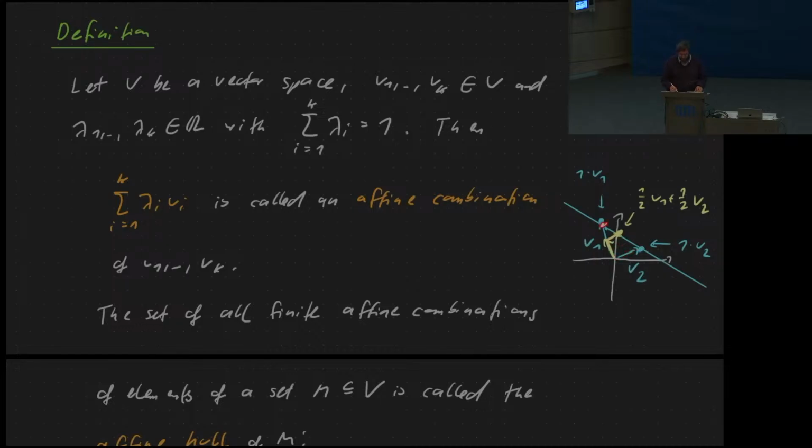So between this point and that point, I decrease the amount of v1, I increase the amount of v2, I'm on that connection somewhere. And now if I decrease v1 further, what happens is I go into the negatives. And as the sum of those 2 lambdas needs to be 1, that means lambda 2 has to increase beyond 1 to make up for that. Right, so what we get here is this here.